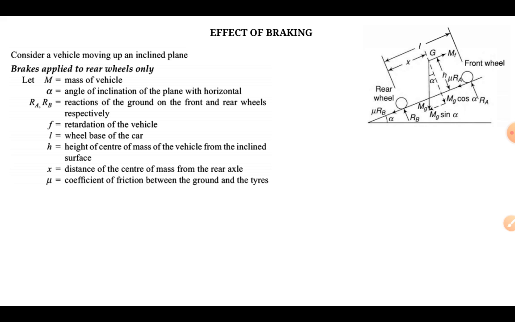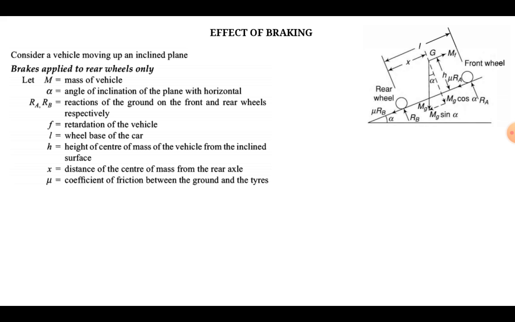L is the wheel base of the car, meaning the distance between the front and rear wheels, that is, the distance between the axles of the front and rear wheels is known as the wheelbase, right? Let h be the height of the center of mass of the vehicle from the inclined surface.